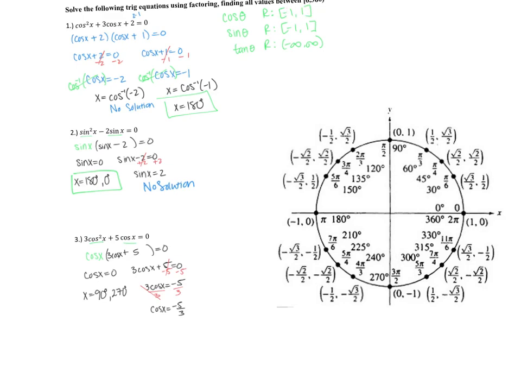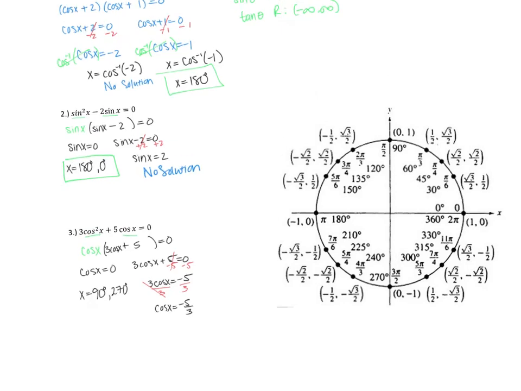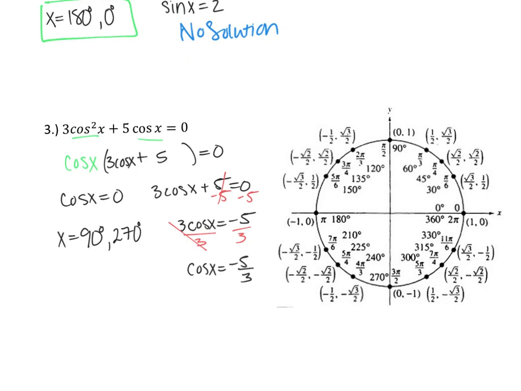So in this case, I already know that this would probably be no solution. But if you want to go ahead and check that with your calculator, you can. So this would be my final answer: just 90 degrees and 270 degrees.